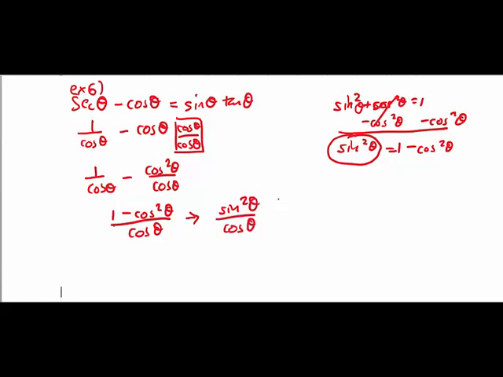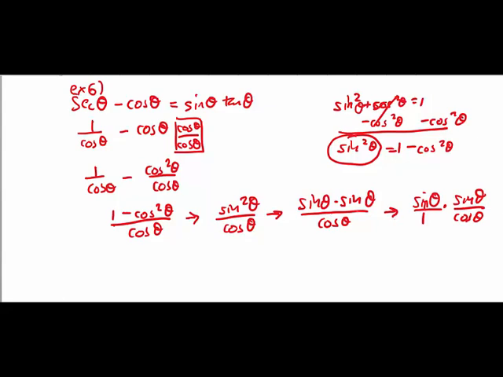Now you're probably wondering, how am I going to get to this answer of sine theta tangent theta? Well, that would just be taking the numerator and going sine theta times sine theta, all divided by cosine theta. And we can then split the fraction into sine theta over 1 times sine theta over cosine theta.